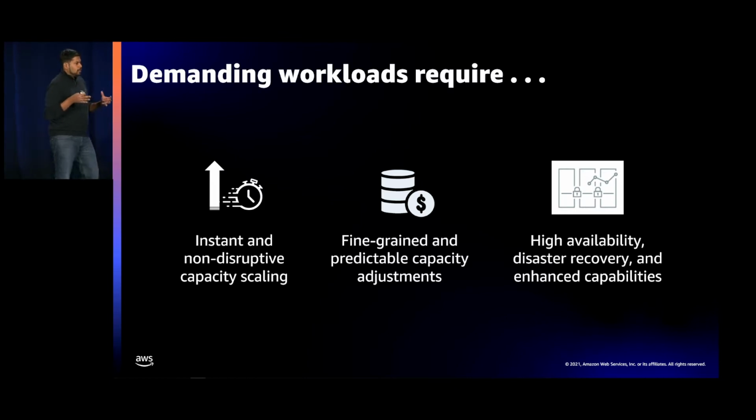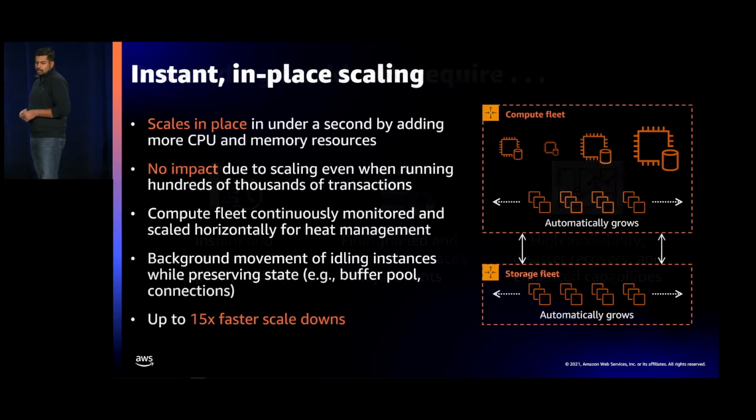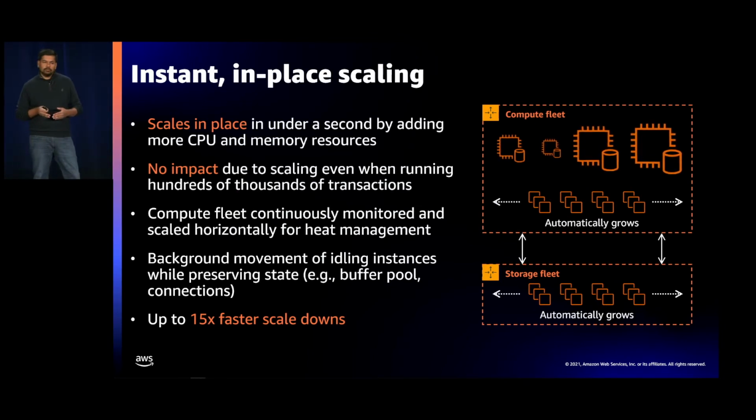So we have ensured that in Aurora Serverless V2, we are building the capabilities that are needed for demanding workloads like the ones I described. Over the course of the next few slides, I'm going to go into these three pillars more deeply. So let's start with instant scaling.